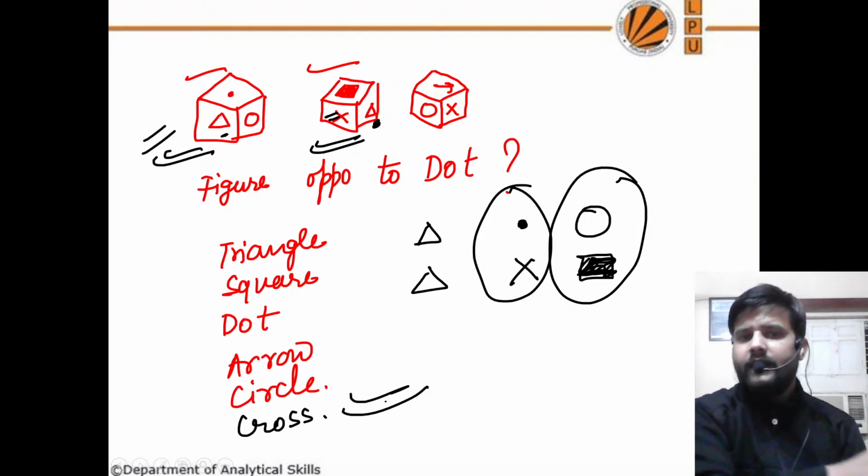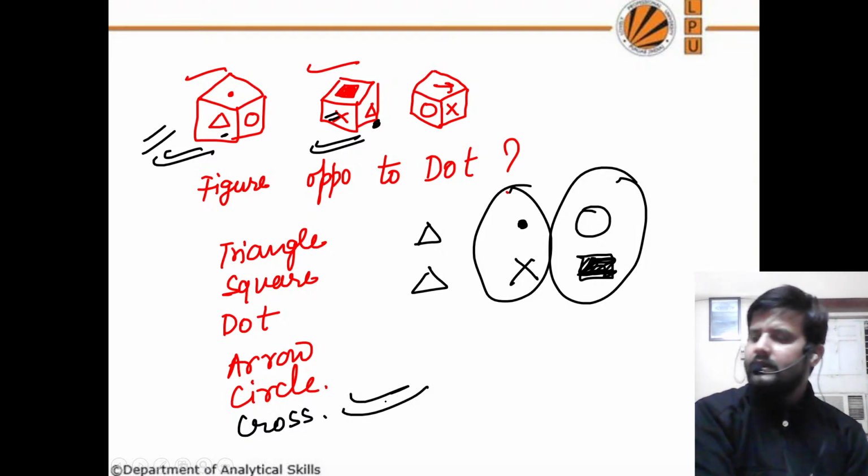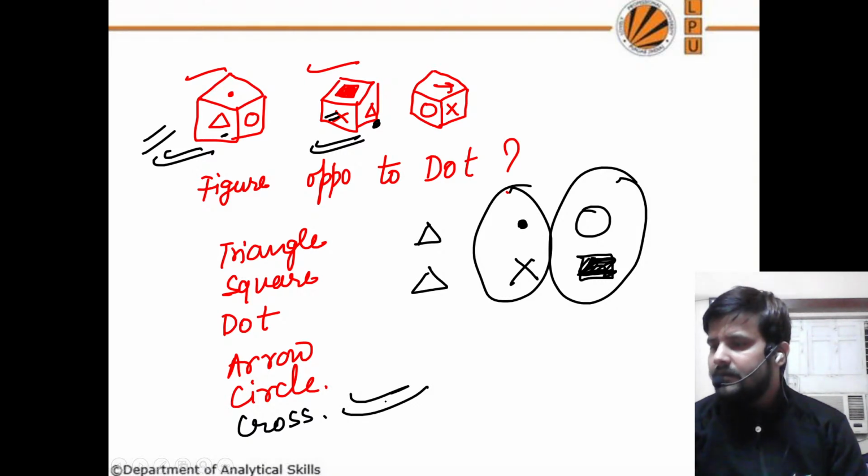Okay, so in dice, these were the major types. Karthik, do you want the painting of cubes also? Tell me. Answer it fast.